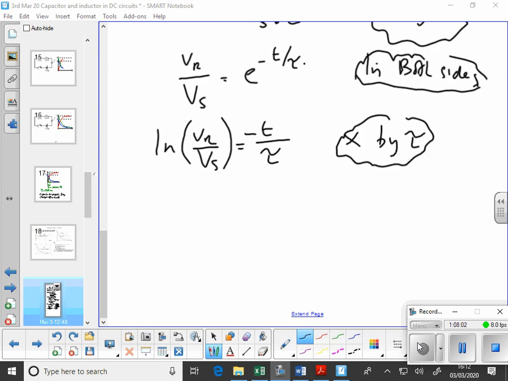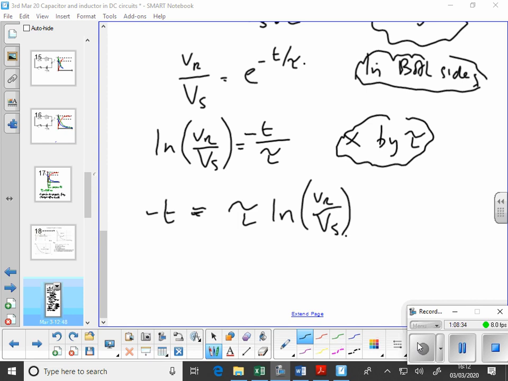So I'm going to bring minus t over this side because that's where I want it. Tau times ln of little VR over big Vs. And how do I deal with the fact that t is negative?